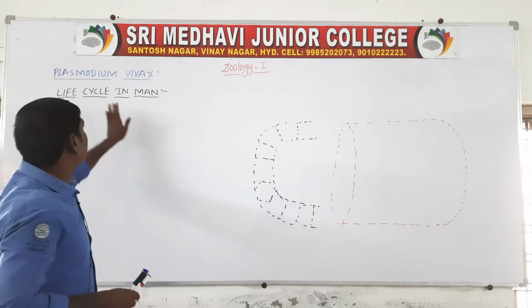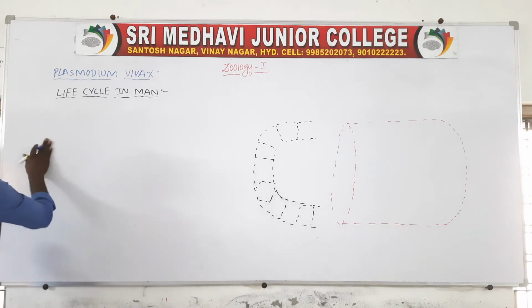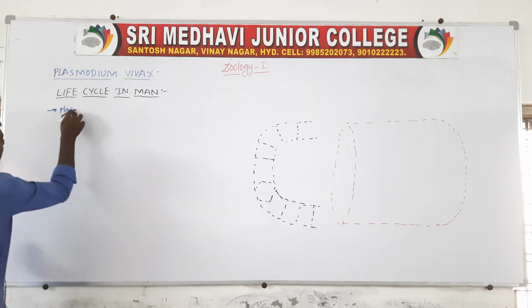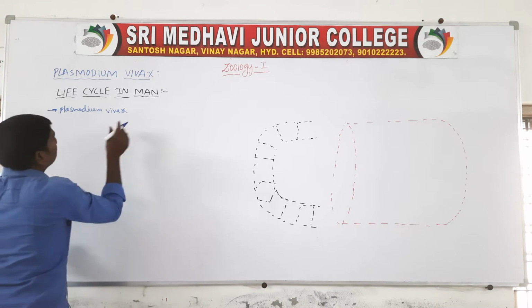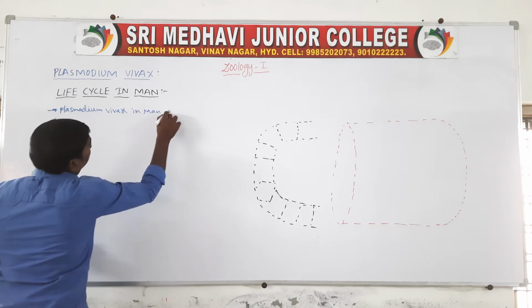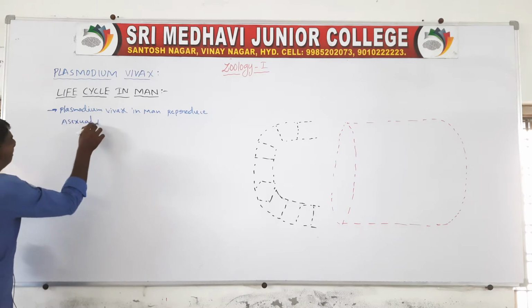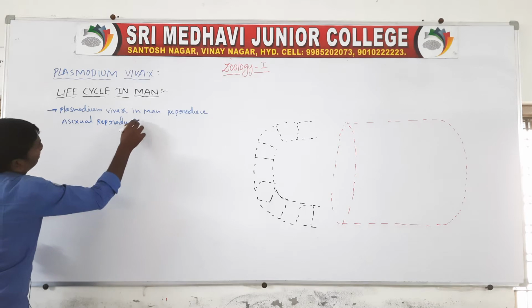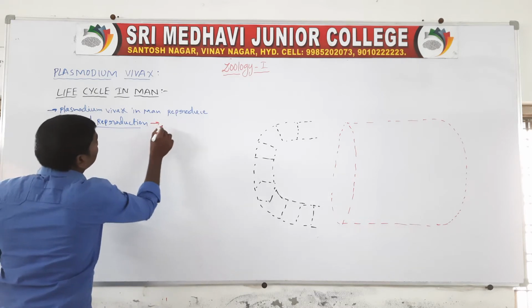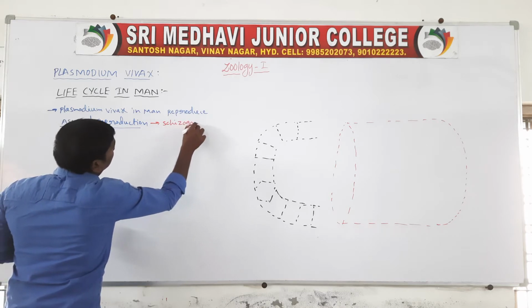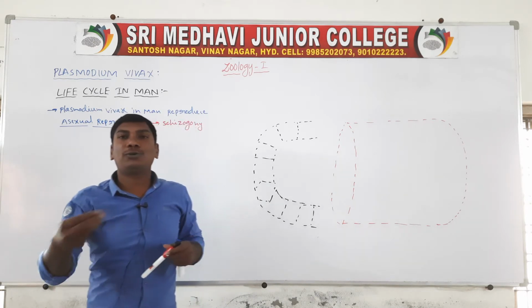First, the life cycle in man. Plasmodium vivax in man reproduces asexually.